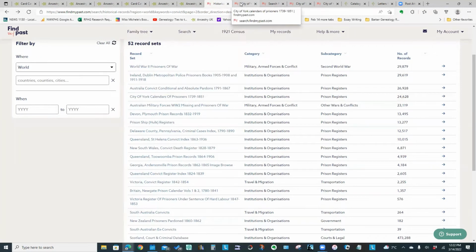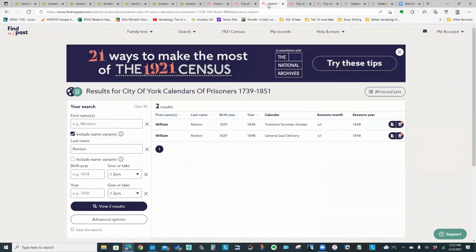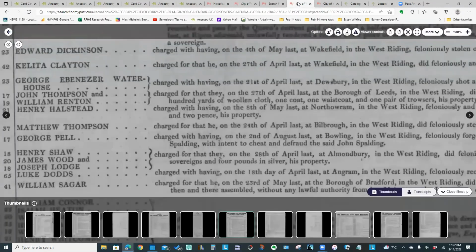So if I take a look at that record, you get a search screen just for that particular record. I type in Renton and I can view the two results, which we have a William Renton. And if we take a look, because I've got all these different images already prepared.